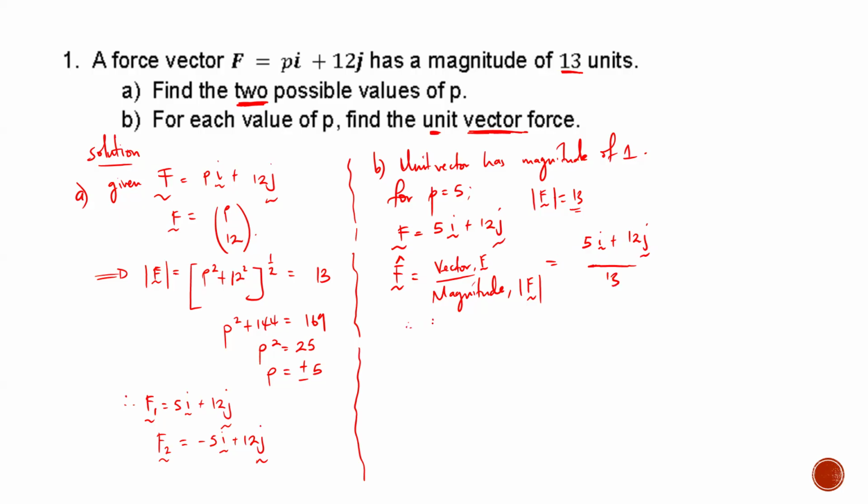Therefore, your unit vector F is equal to 5 over 13 i plus 12 over 13 j. Similarly, for P equals negative 5, the unit vector will be negative 5 over 13 i plus 12 over 13 j.